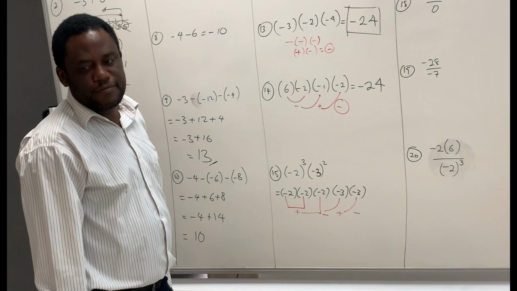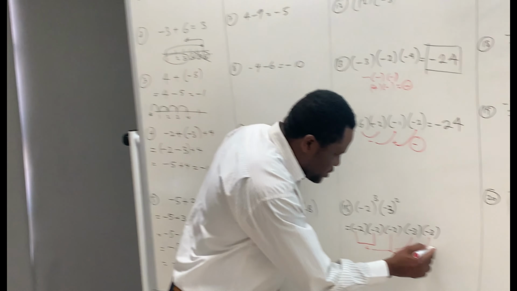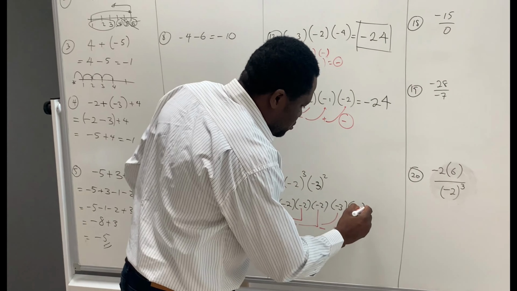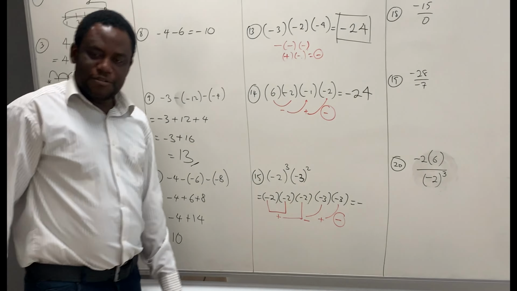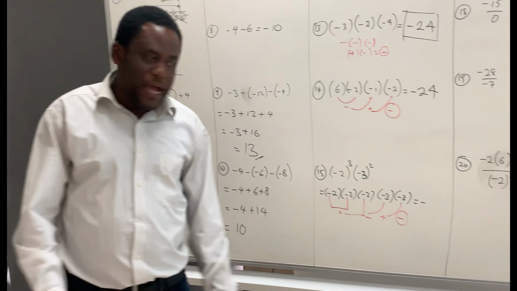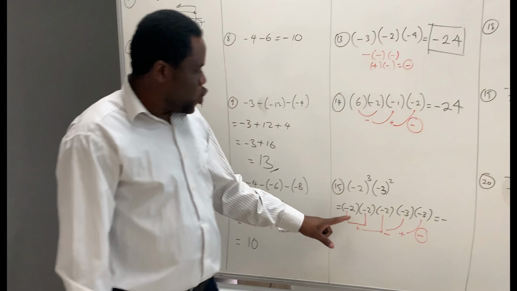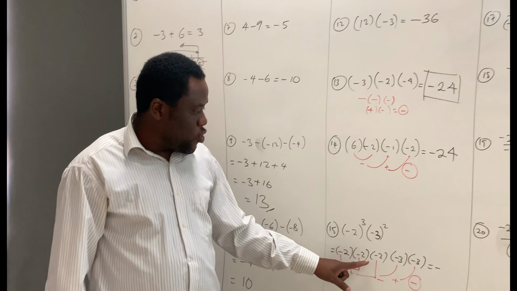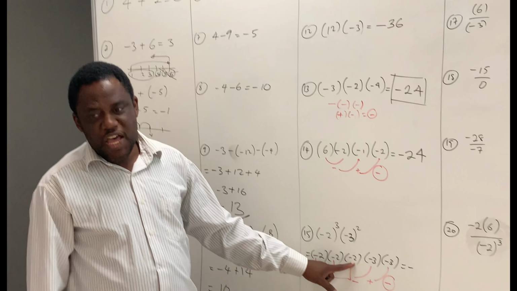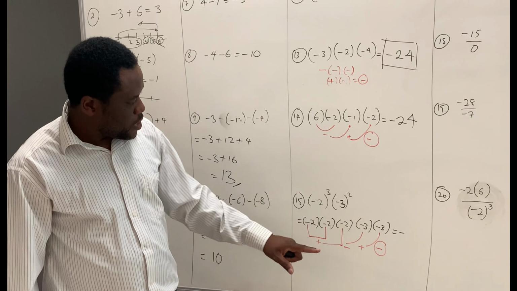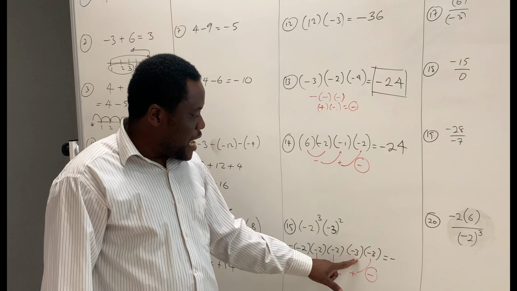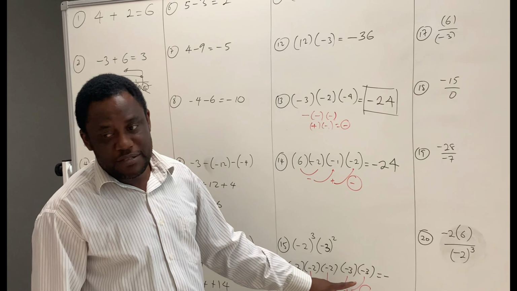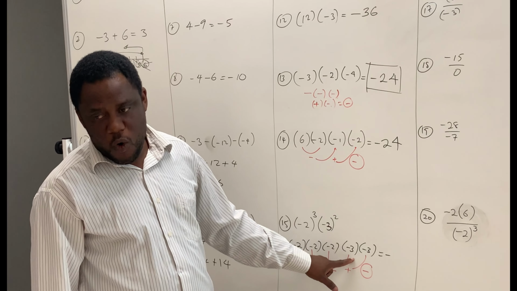Negative. So the final sign is negative. So if you write out the sign is negative, now we can go ahead with the numbers. 2 times 2, 4. 4 times 2, 8. 8 times 3, 24.